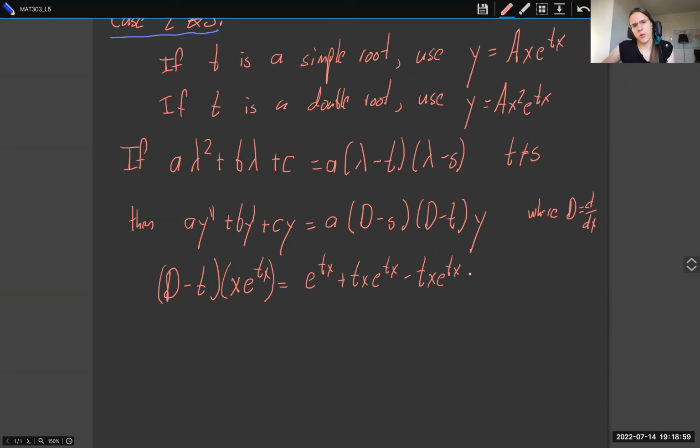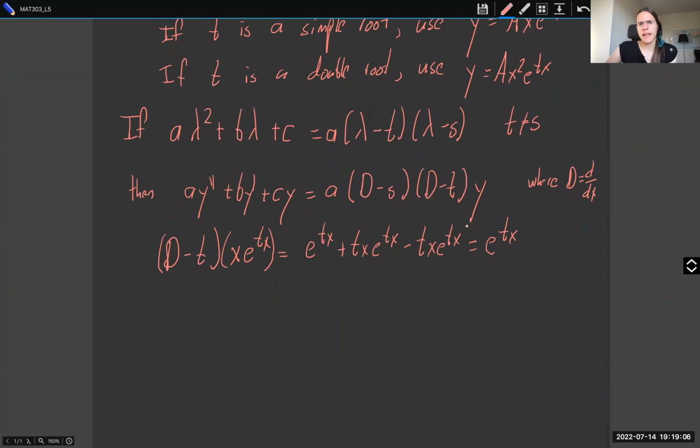So that's just equal to e^(tx). And then the hypothesis was that t is not a root of s. t and s are distinct.